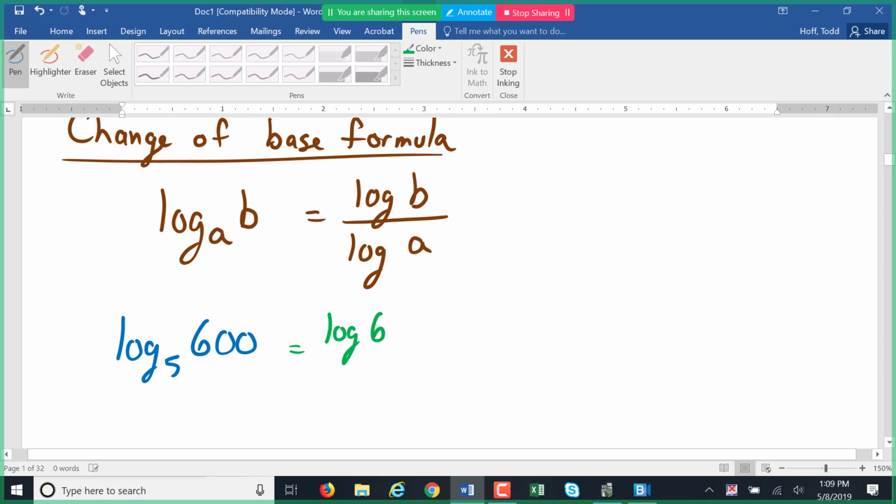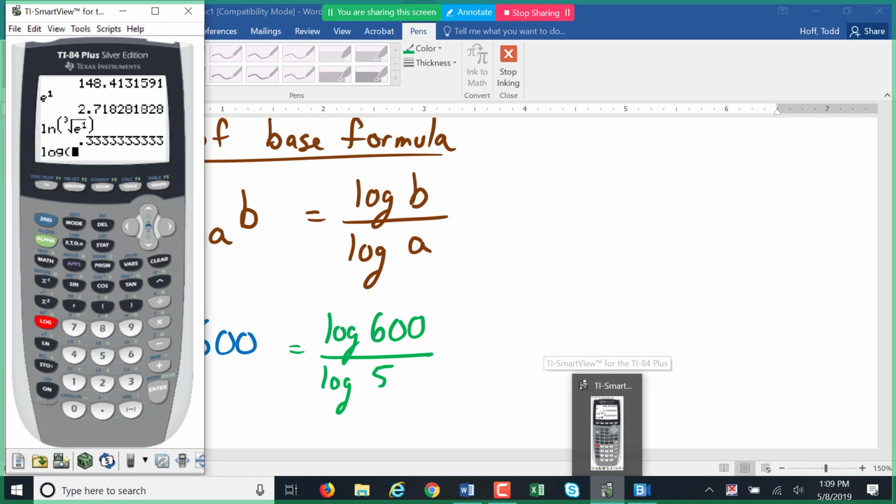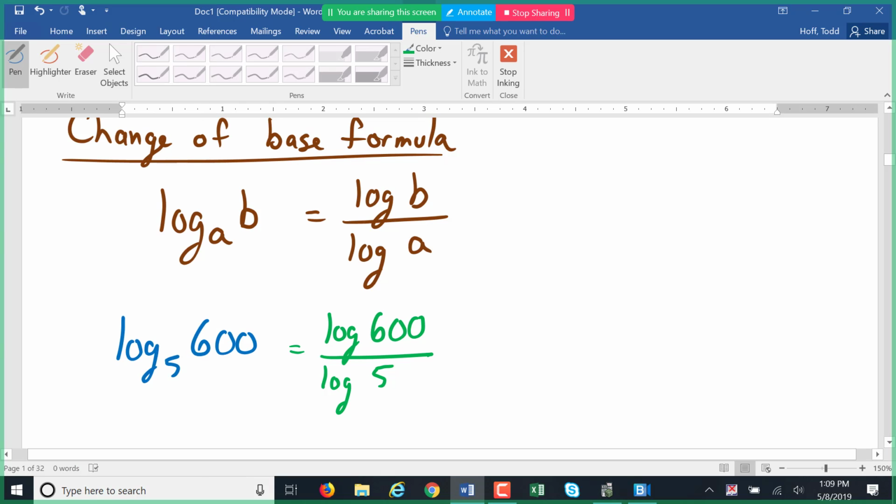That'd be log of 600 divided by log of 5. Make sure you use your parentheses to close the parentheses on that root. Divided by log of 5. We get 3.975 to 3 decimal places.